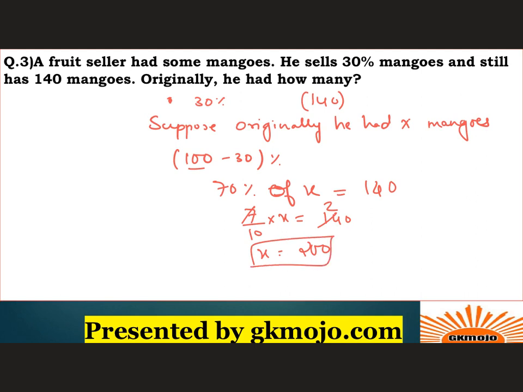Hence, originally he had 200 mangoes. The purpose of taking this question is that you need to learn to make equations from the sentences that are given to you. This is what arithmetic is, and percentages will always test you on that. Forming this equation, that 70% of the total X is equal to 140, was the most important thing and the crux of this question.